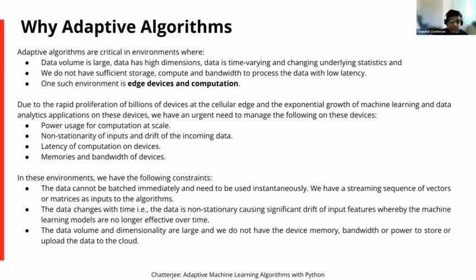The data comes in 1 per millisecond, you want to get that data processed, and you want to get the update. We have a streaming sequence of vectors or matrices as inputs to these algorithms. The data changes with time, which means data is non-stationary, and the data volume and dimensionality is large. So we cannot batch the data.